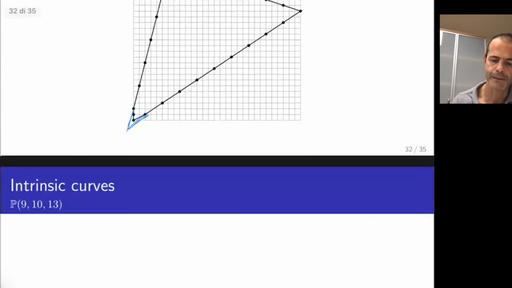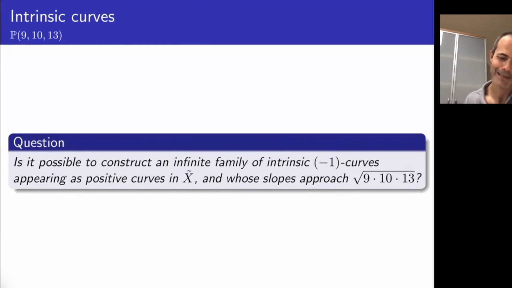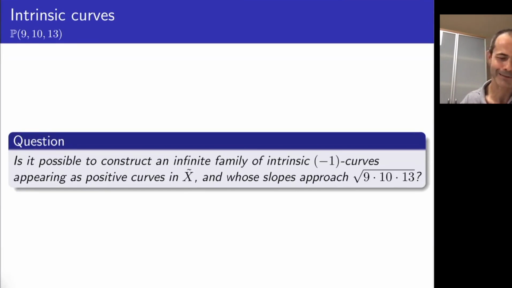So the question is: is it possible to construct an infinite family of intrinsic -1 curves approaching the slope of the irrational ray? Of course, I don't know the answer, because if this were the case, then this would show that the Seshadri constant is irrational. So it is an open question.